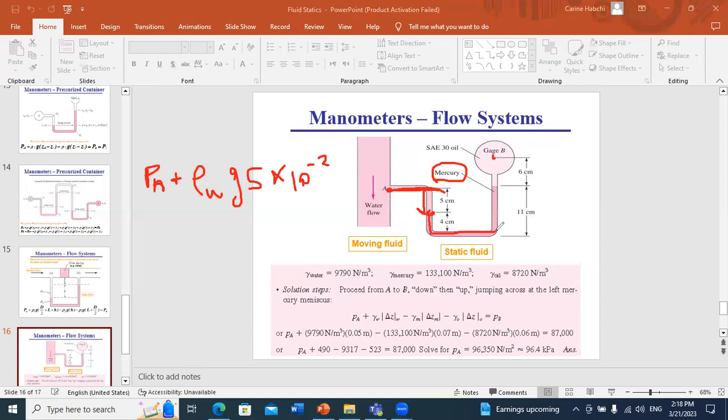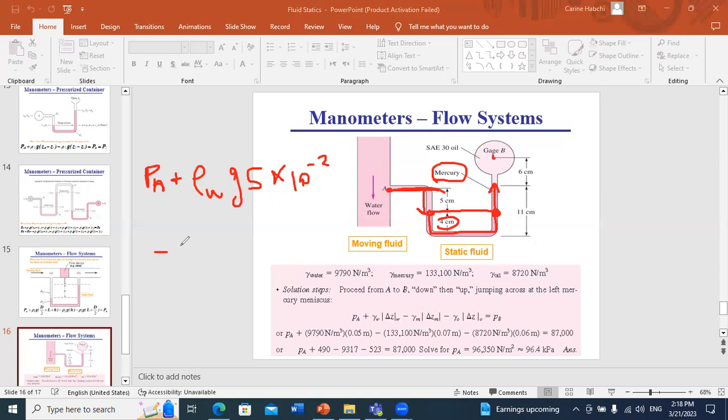Because now I have a new fluid, which is mercury, I am moving down and then up in mercury, so I can jump across. I can directly go from this point to this one and say that the pressure at this level is the same. So no need for the 4 centimeters. I just care for the 5 centimeters because now I will move up in mercury a distance of 5 centimeters. And because I'm moving up, I should reduce the pressure.